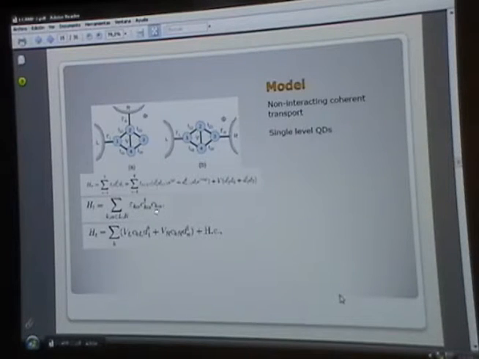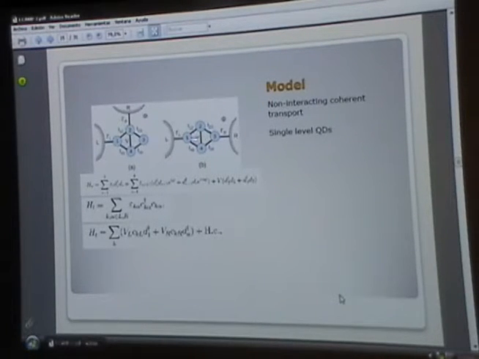Well, the second term is the Hamiltonian of the leads, which is basically the same, but this k is a continuous index, so we have a continuum here, while for the dots we are supposing that we have single level quantum dots. That means that each quantum dot is represented with a single level, a single orbital.